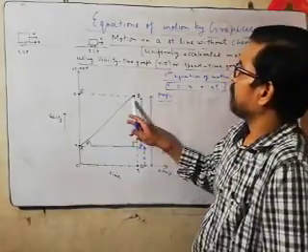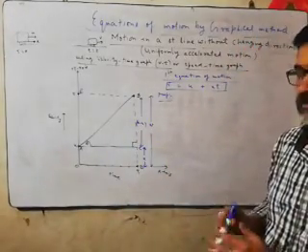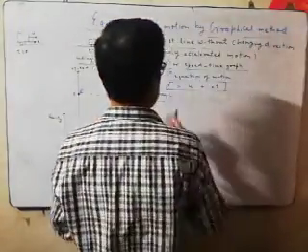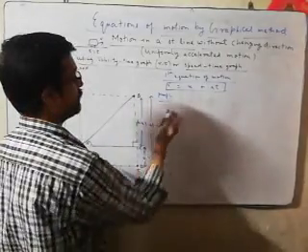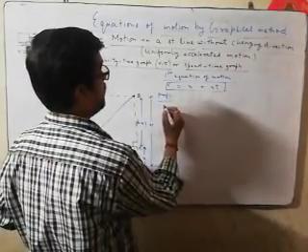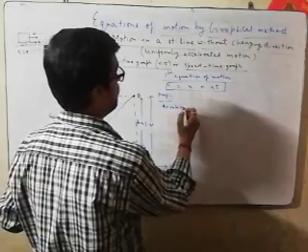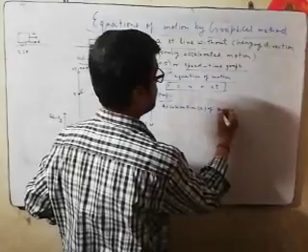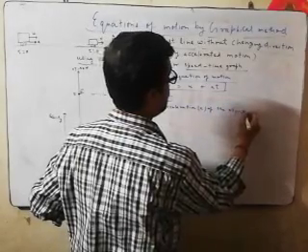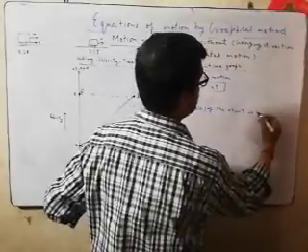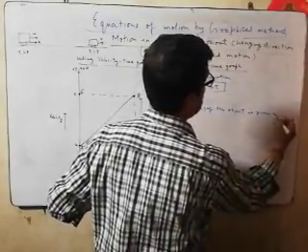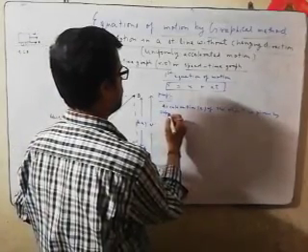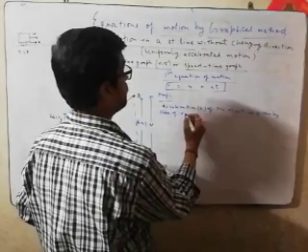Okay, then AB represents the speed-time graph or velocity-time graph, and the slope of the velocity-time graph gives acceleration. So we can say acceleration A of the object is given by the slope of the velocity-time graph.